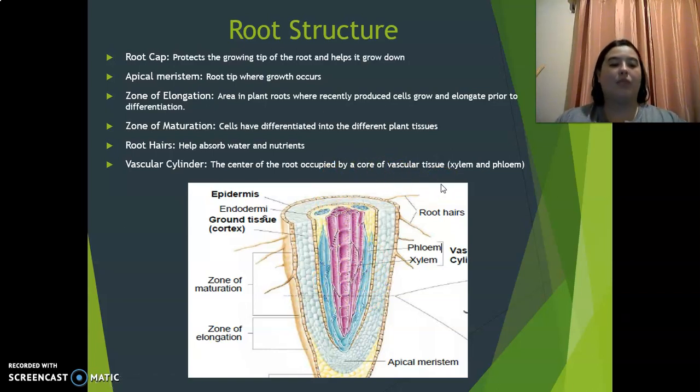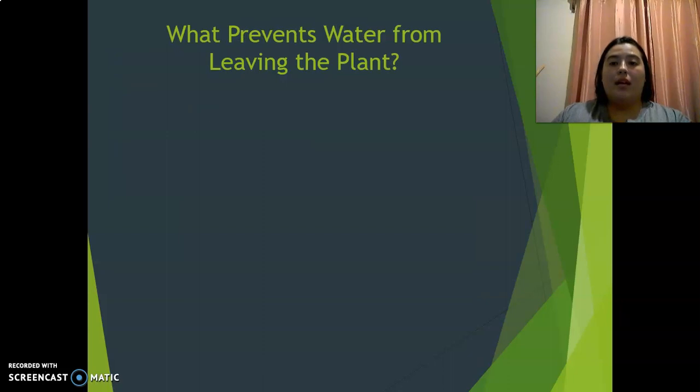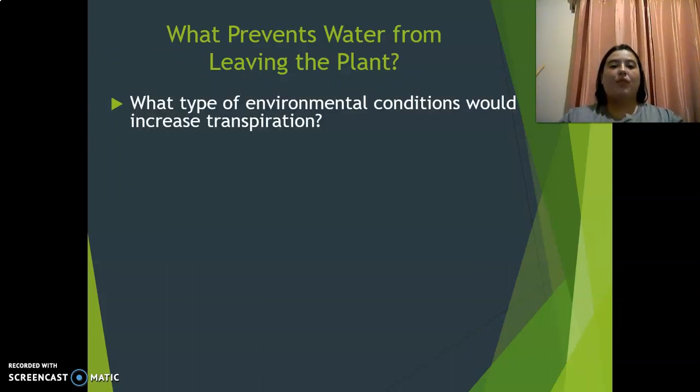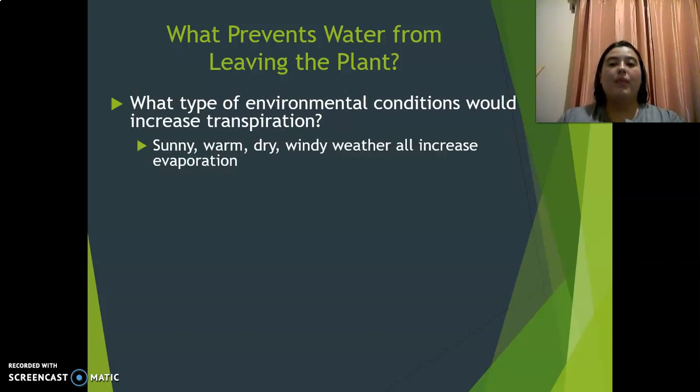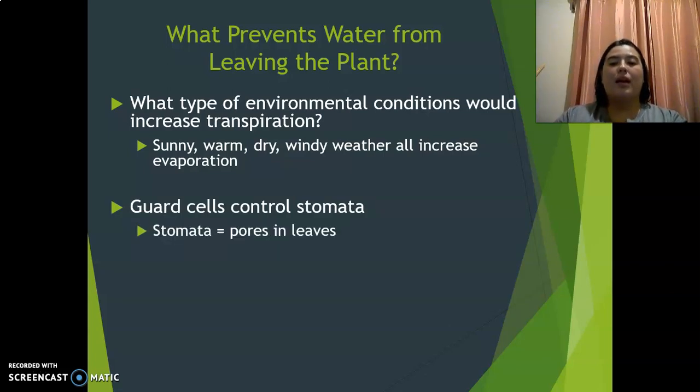The xylem and phloem. And what prevents water from leaving the plant? So what type of environmental condition will increase the transpiration? Sunny, warm, dry, windy weather all increase evaporation, okay? And guard cells control stomata.